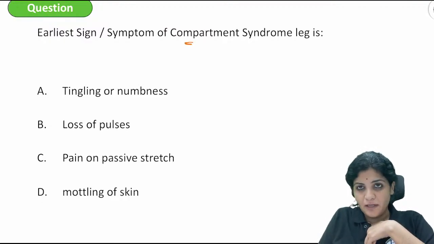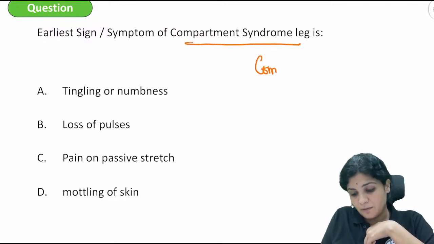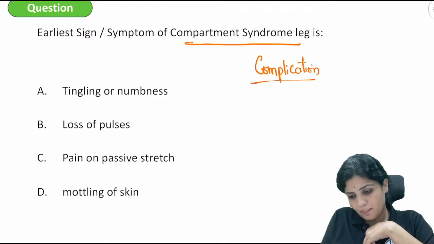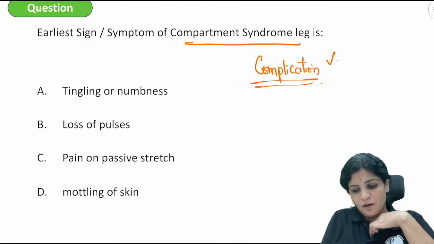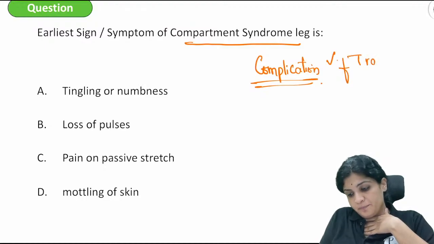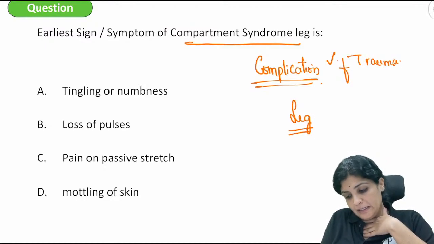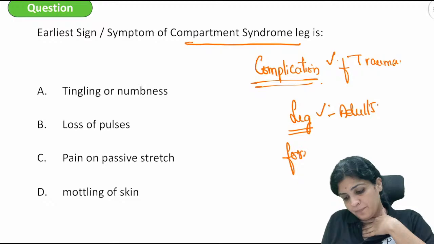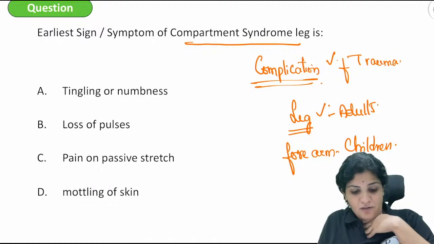Compartment syndrome is a very, very important complication of trauma and most commonly seen in the leg in adults, in the forearm in the case of children. So what do you think is the earliest sign or symptom?